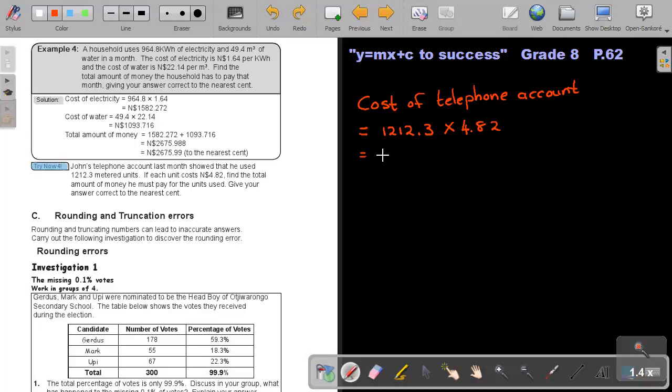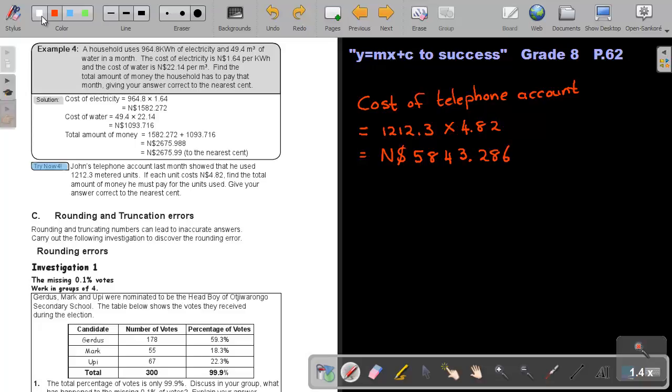Now remember, first write down the full calculator display. 5843. Let's just see if this is already approximated to the nearest cent. Let's just take a calculator and see exactly. So it's 1212.3 multiply 4.82. Now my calculator was saying 5843.286.